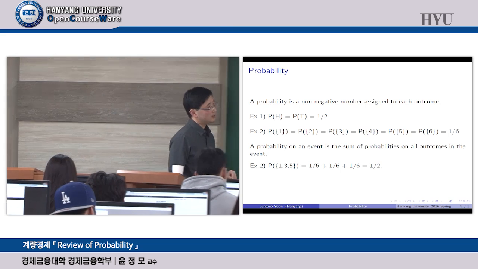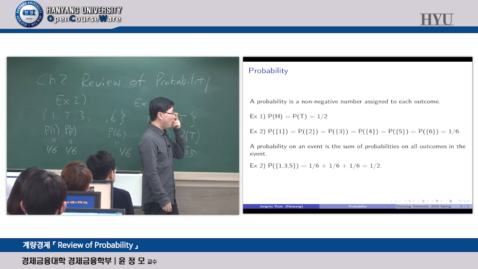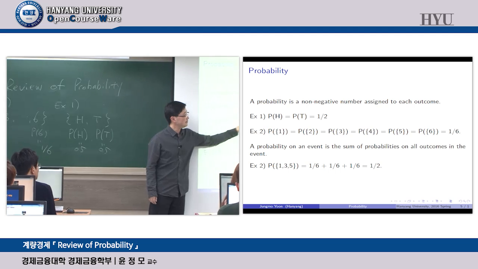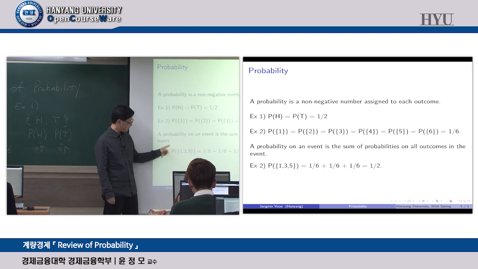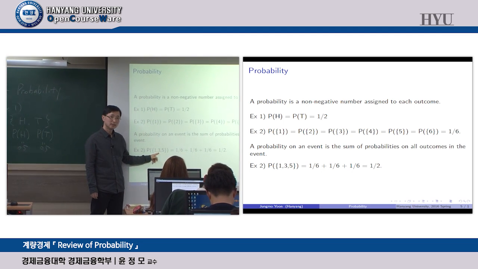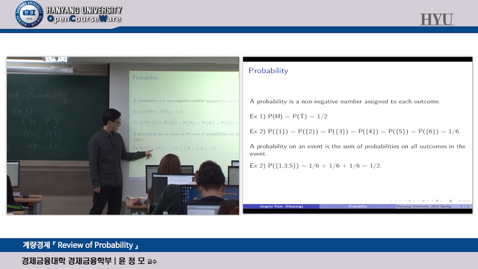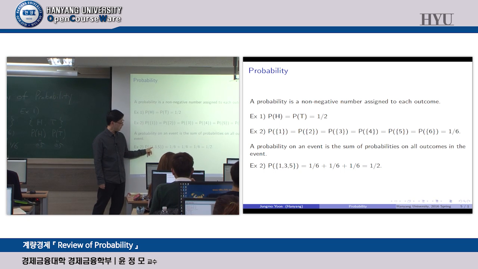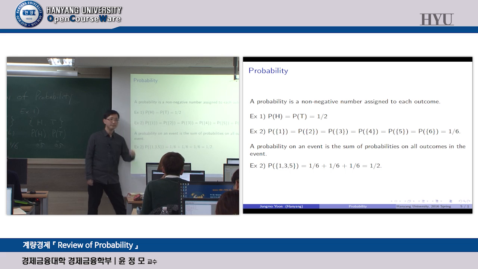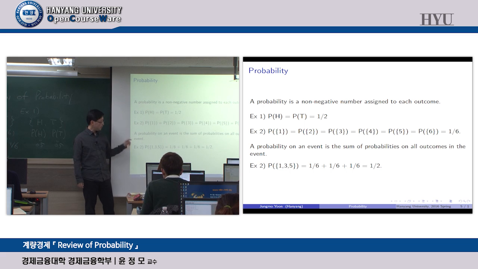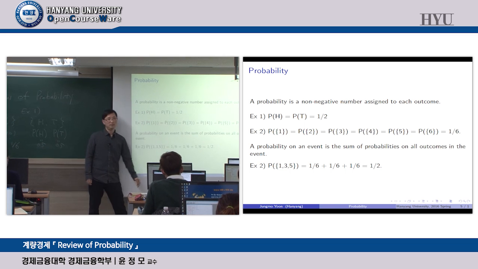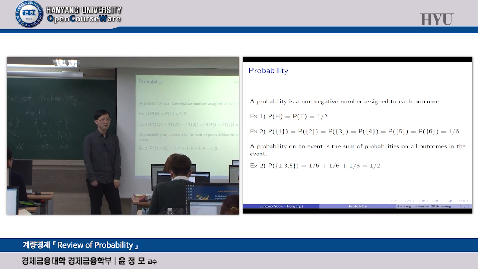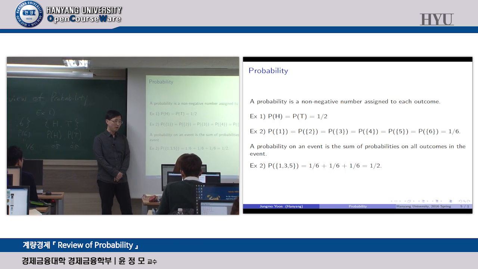So that's how we assign probabilities to one outcome. How do we assign a probability to an event? Each outcome in this event, 1, 3, and 5, individually has this much probability, and the probability of the event must be the sum of these 3 numbers. Okay? 1/2. Why?